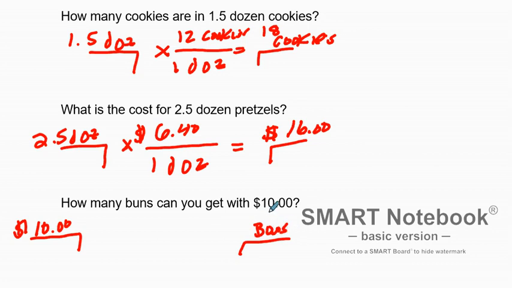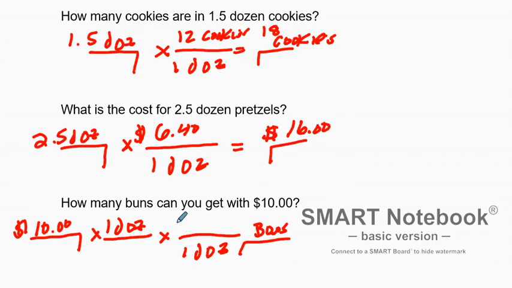This is going to be a two-step question because I don't see the word dozen in my question here. So I'm going to start, there's a definite pattern here. I'm going to put 1 dozen on top here. There's my first step, and there's going to be something on the bottom there. And then I'm going to have 1 dozen on the bottom over here. And this is always the pattern with the two-step. The 1 dozen will be here on the top, and then 1 dozen will be here on the bottom.